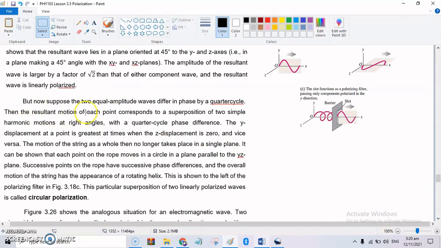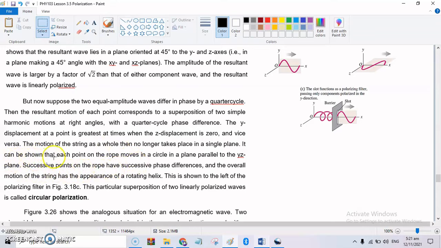Continue. But now, suppose the two equal amplitude waves differ in phase by a quarter cycle. Then the resultant motion of each point corresponds to a superposition of two simple harmonic motions at right angles, with a quarter cycle phase difference. The y displacement at a point is greatest at times when the z displacement is 0, and vice versa. The motion of the string as a whole then no longer takes place in a single plane.